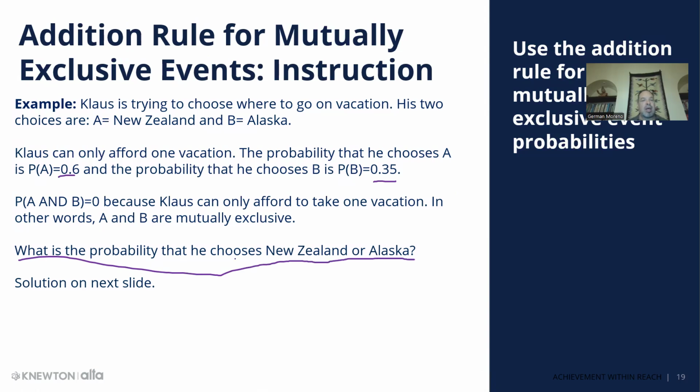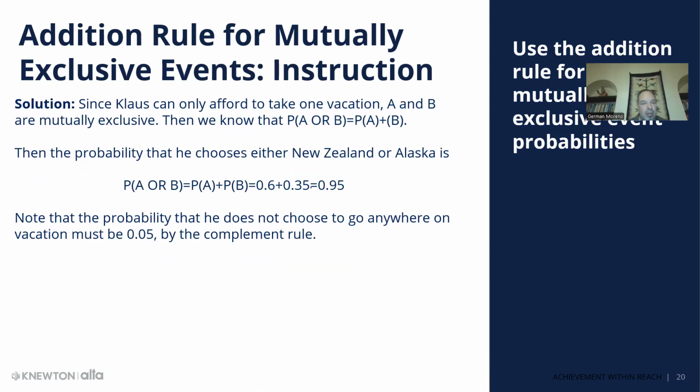So you just add them. That's just the formula. They don't add up to 1. They add up to 0.95. So there must be a 5% chance that Klaus goes either somewhere else or that he sits on his couch.